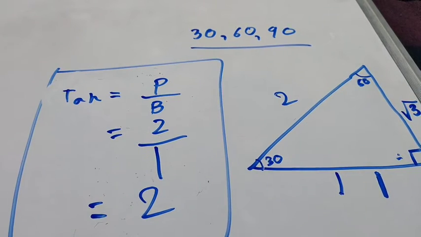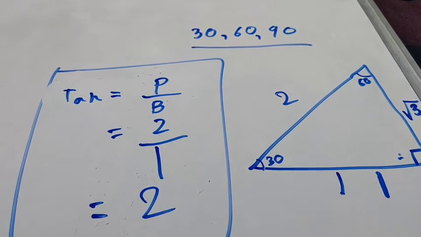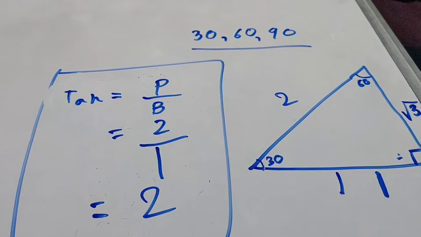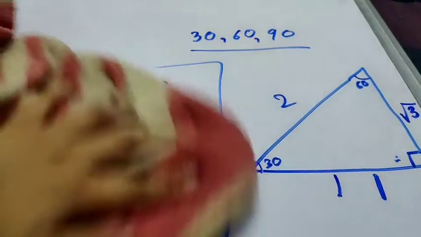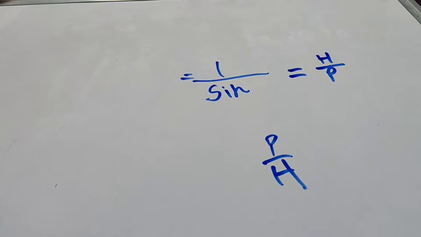Just one thing: there is something known as the inverse ratios. I've told you about the sine, cos, and the tan. Now if I was talking about inverse ratios, 1 upon sine is h by p.